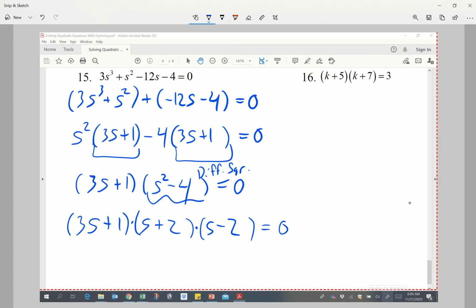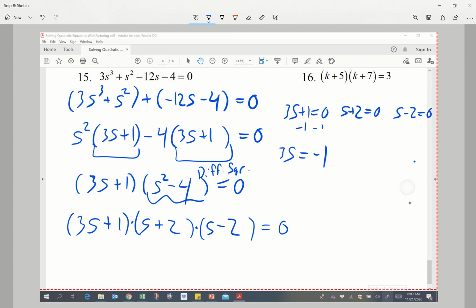We have that left-hand product equals 0. According to the zero product property, the only way that can happen is if each one of these factors individually is equal to 0. So we have 3s plus 1 equals 0, or s plus 2 equals 0, or s minus 2 equals 0. For the first factor, we can subtract 1 from both sides.